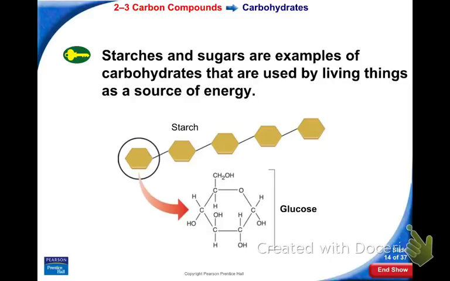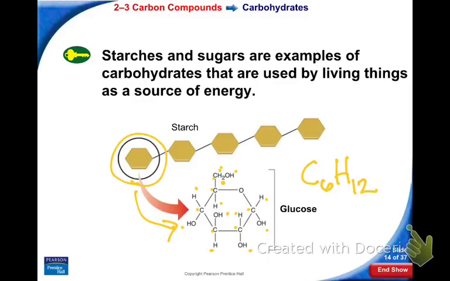So here we have a structure of a starch molecule, showing you that each one of these rings, if you break it down, that's what its actual structure looks like. Let's count how many carbons we have here. 1, 2, 3, 4, 5, 6. So C6. How many hydrogens? 1, 2, 3, 4, 5, 6, 7, 8, 9, 10, 11, 12. 12.